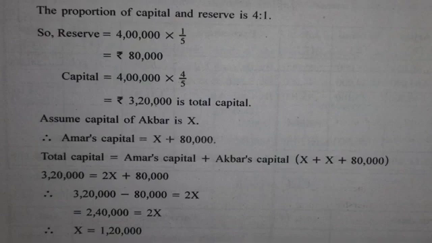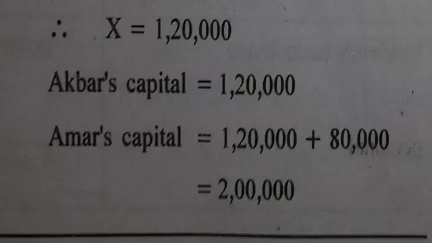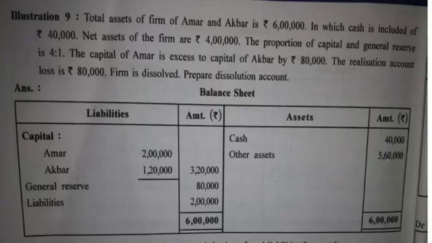So now what is the capital of Amar? X plus 80,000. So 1,20,000 plus 80,000, which obviously gives you 2 lakh. So the capital of Akbar is 1,20,000 and the capital of Amar is 2 lakh. Let us write it down in the balance sheet. 2 lakh and 1,20,000.